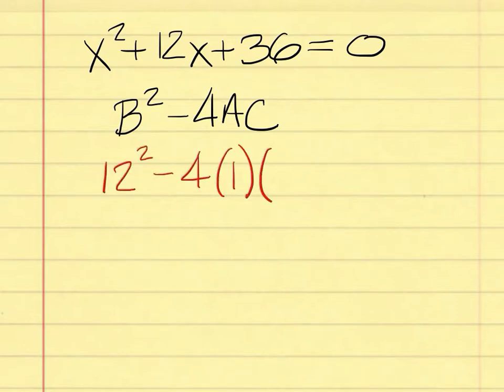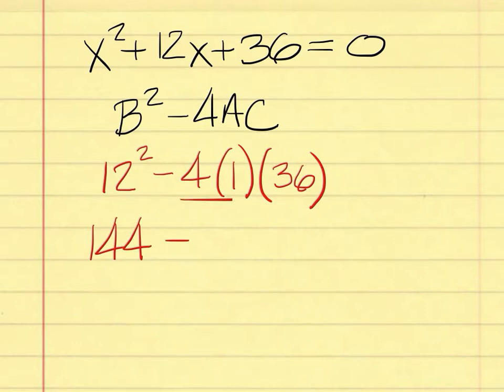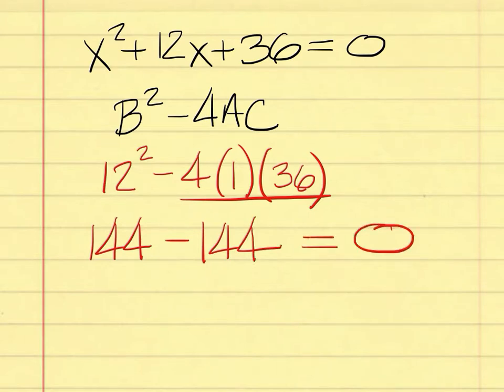And what is c? So 12 squared is 144, and 4 times 1 times 36 is 144. If you subtract the 2, you get 0. And when the discriminant is 0, how many solutions are there? 1. One solution, yes.